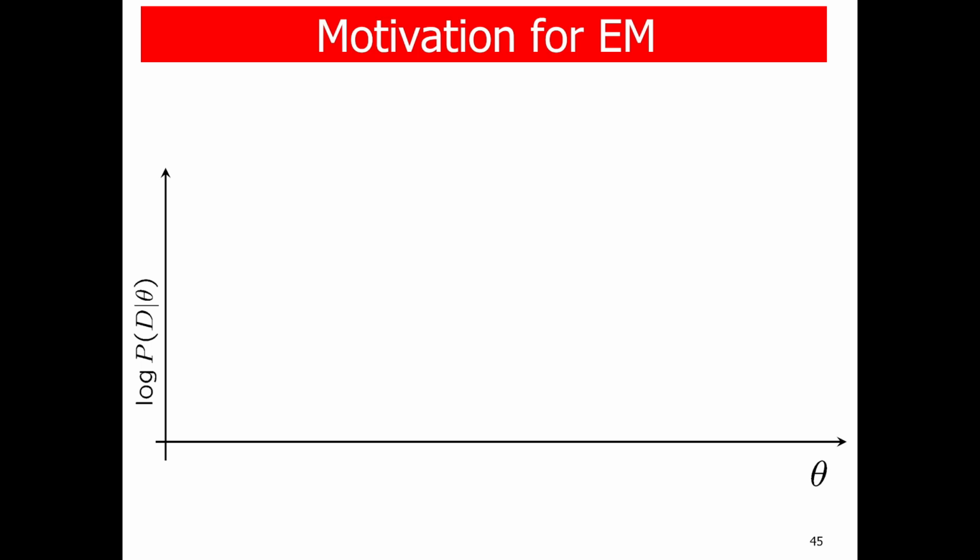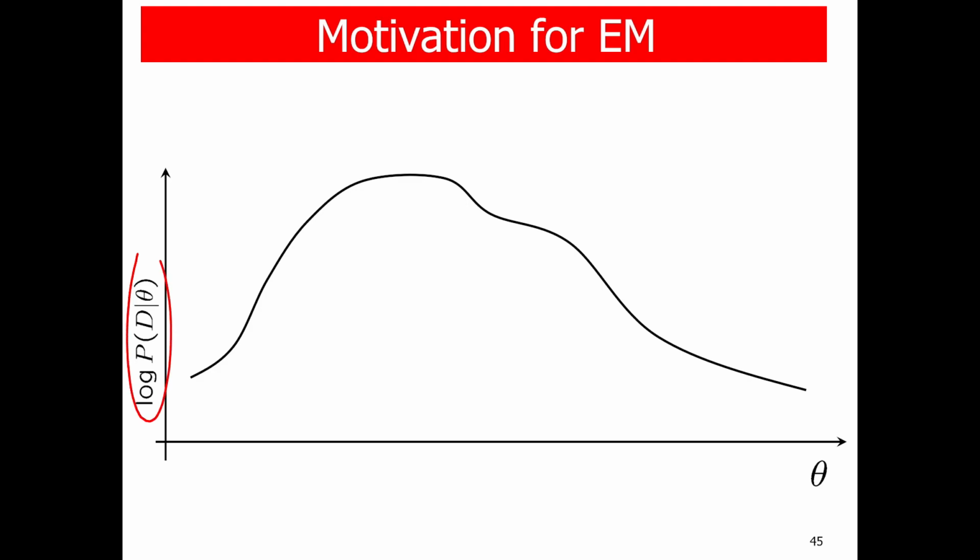Before going into the details of the expectation maximization method, let me try to illustrate it. We are given a log likelihood function, that is the log of the probability of our data given the parameters theta, and we need to maximize this function. It is difficult to maximize it directly, so instead we will do a trick. Let's assume that at iteration t, we already have an estimate theta t.